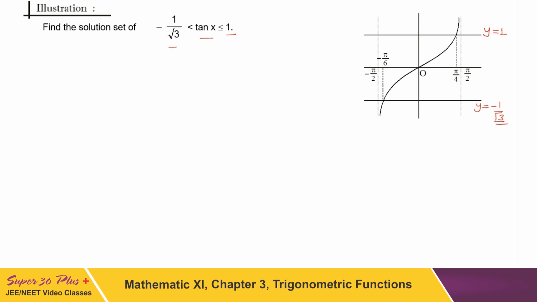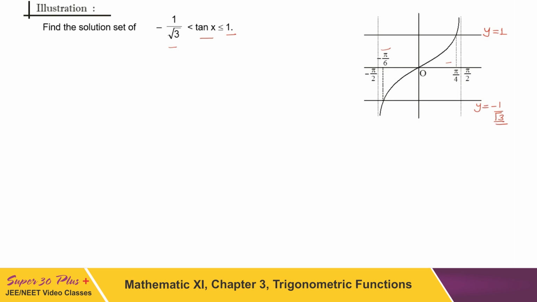Now students, the value of tan x is greater than minus 1 by root 3 means the graph will be above the line y is equal to minus 1 by root 3, and tan x less than or equal to 1, the graph of tan should be below the y is equal to 1 line. We can see the region satisfying this condition is from minus pi by 6 to pi by 4.